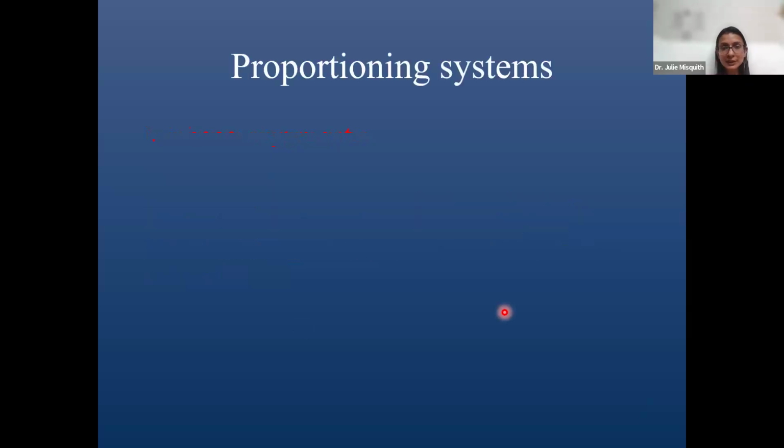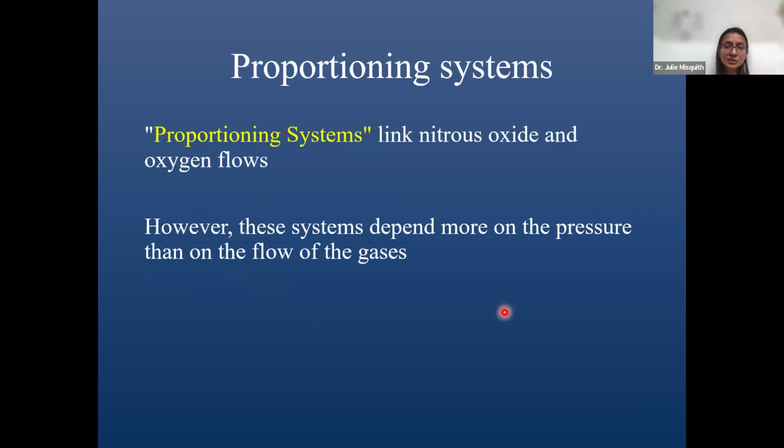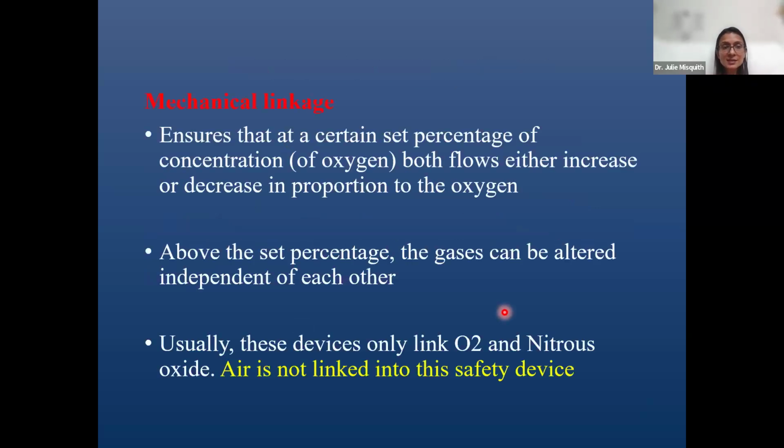Then we have the proportionating systems, mechanical, pneumatic, and electronic, which are meant to prevent an oxygen concentration of less than 0.25 being delivered to the breathing circuit when nitrous oxide is in use. However, these systems also depend more on the pressure than on the flow of the gases. So in these proportionating systems, you have mechanical linkage and you have electronic linkage.